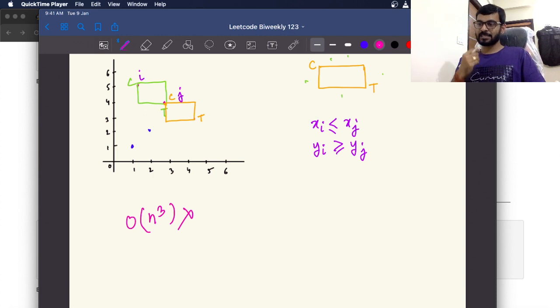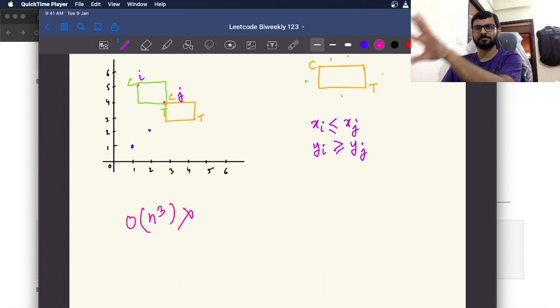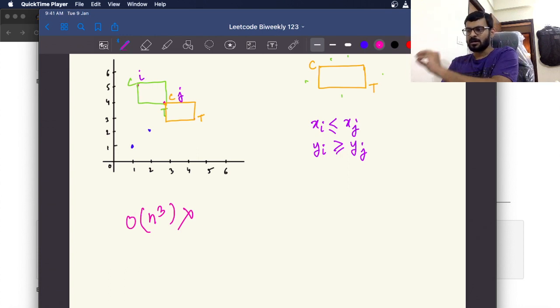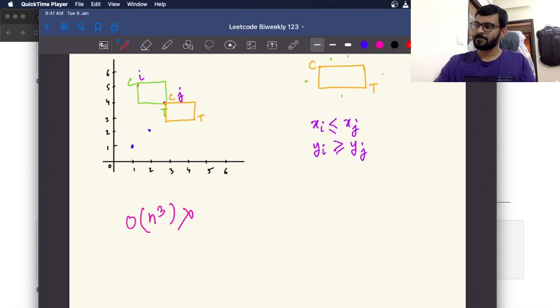When I want to say which points between I and j are of interest, whether there are any anomalous points which will fall in between them and make us discard that pair, the possibility is if those points lie in this particular range. So if I have a prior list of things that are in this range, that helps me.